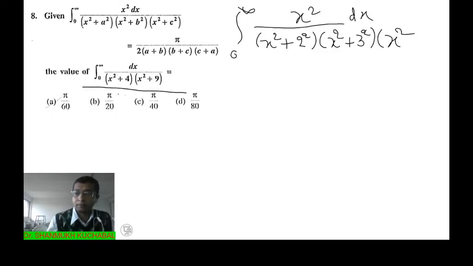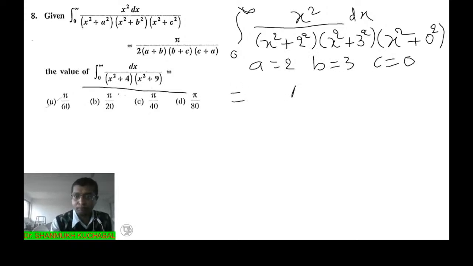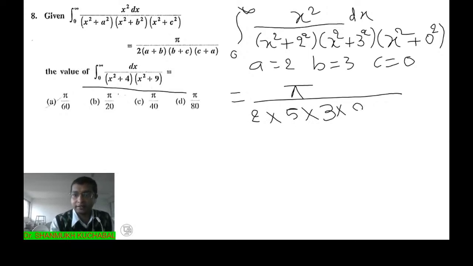We want x² plus c², so I take it as 0² here. Therefore comparing this we get a equal to 2, b equal to 3, c equal to 0. So we get this as π divided by 2 times (a plus b), that is 5, (b plus c), it is 3, (c plus a), it is 2.